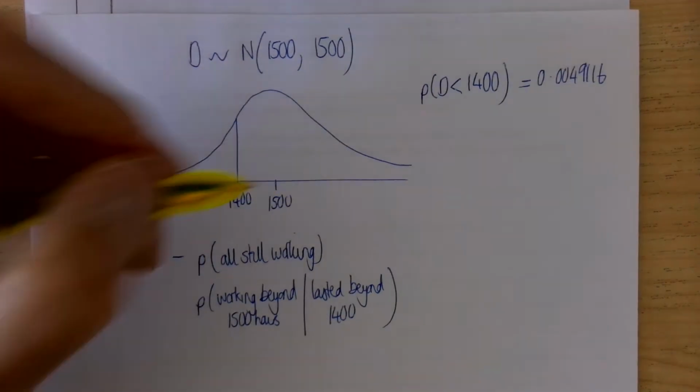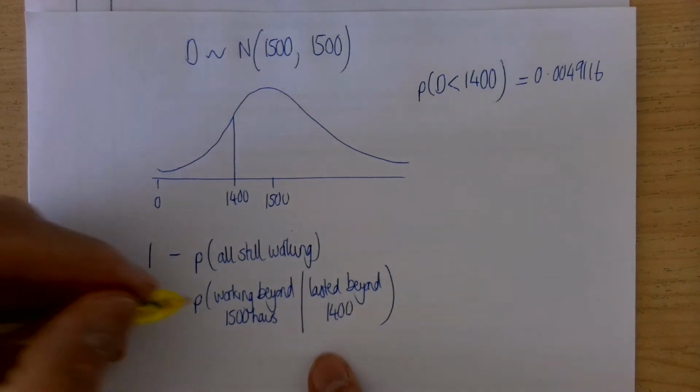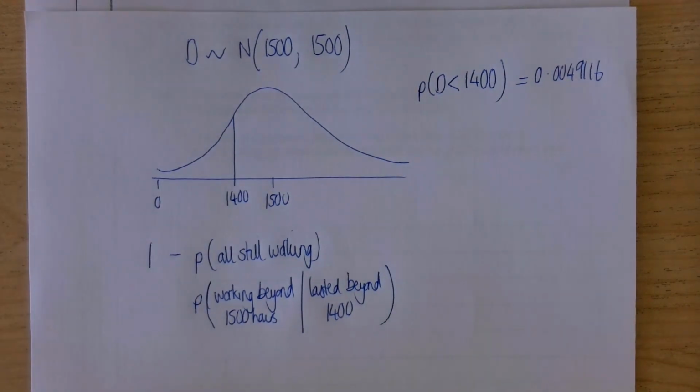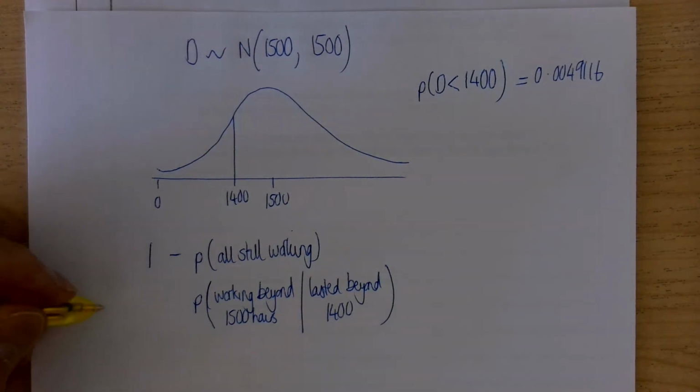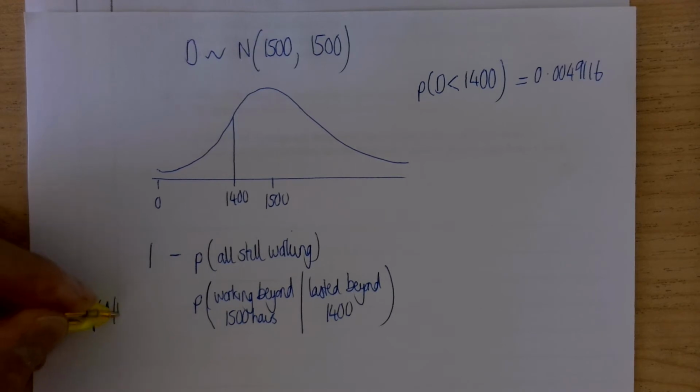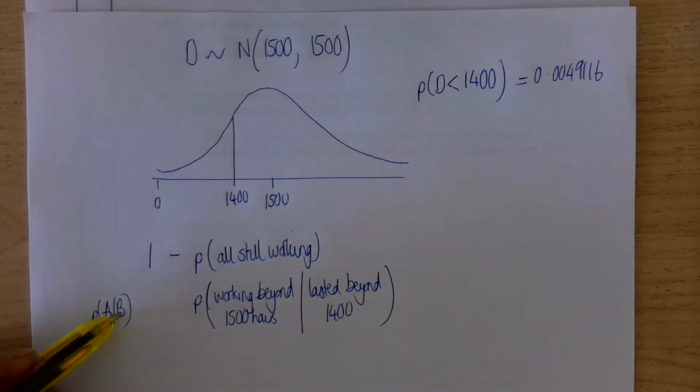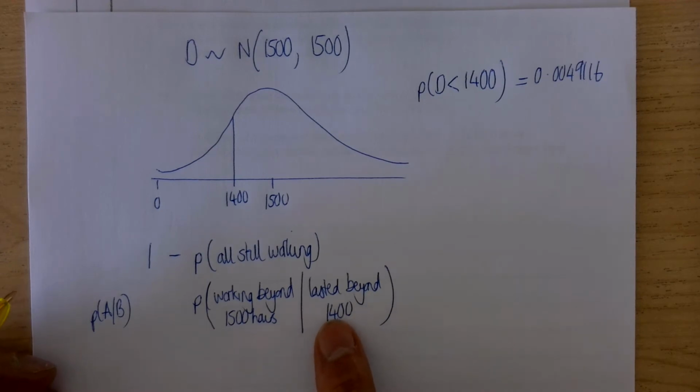I'm only interested in 1500 hours. So this is conditional probability, and if you haven't watched my other 2 videos on conditional probability recently, please do. Okay? Because this is a probability of A given B situation, where this is our denominator, this is our numerator. So this is our denominator. What's the probability that one pump lasts beyond 1400 hours?